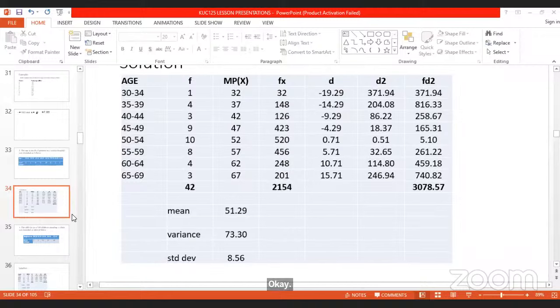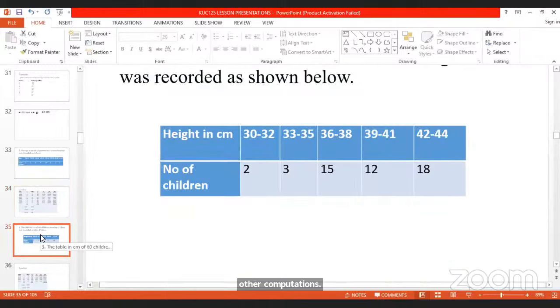Variance, please. The table is there. You can use it for any other computations. We look at the next example. Look at that example.